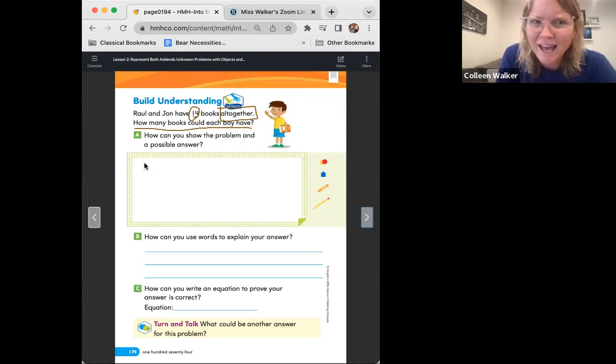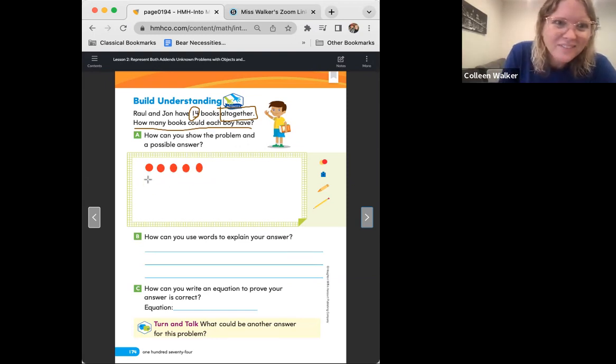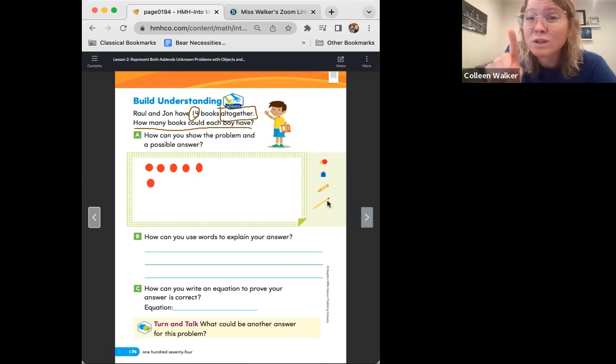So can you help me count? 1, 2, 3, 4, 5, 6. Let's switch our color. Let's now start making John's books, so let's switch to yellow. Now we're only on 6, but how many books do they have all together? Yes, 14.